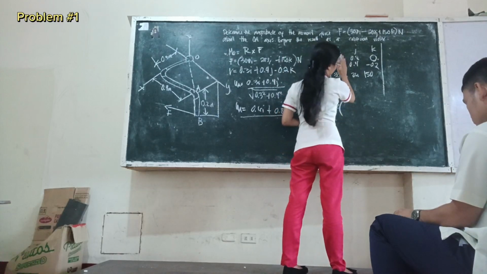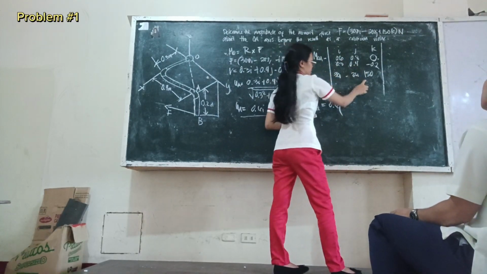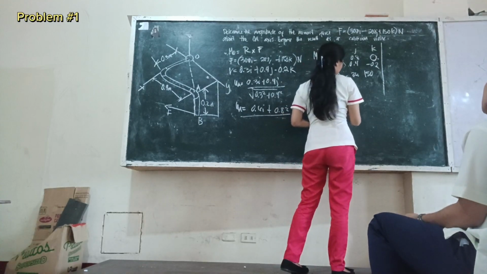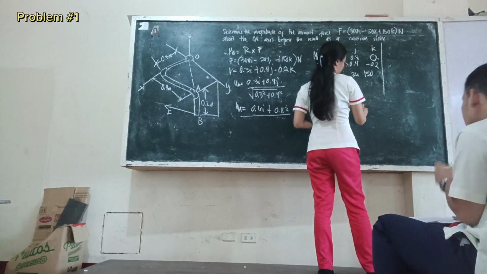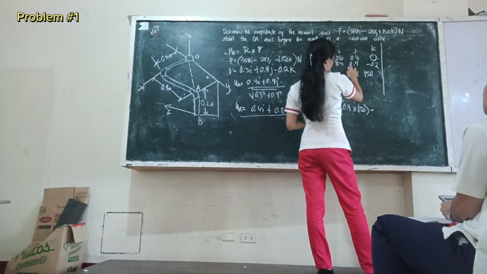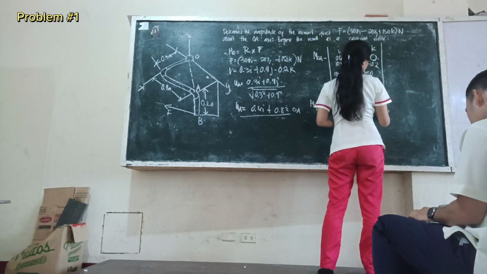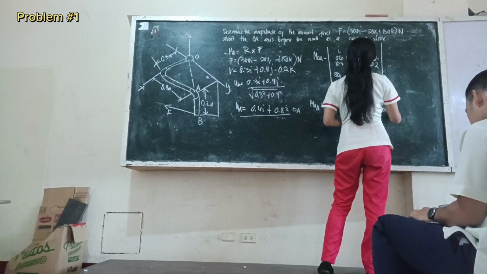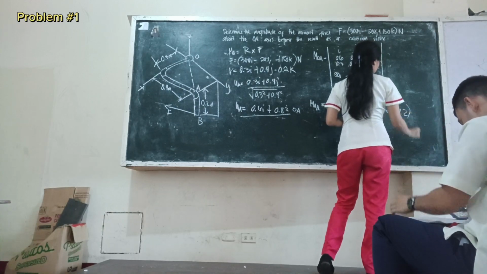Then, what is left is 0.4 and 0.5. 0.4 times 150, rather minus negative 200 times negative 0.2.